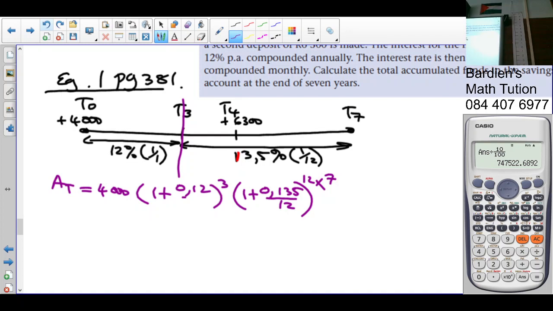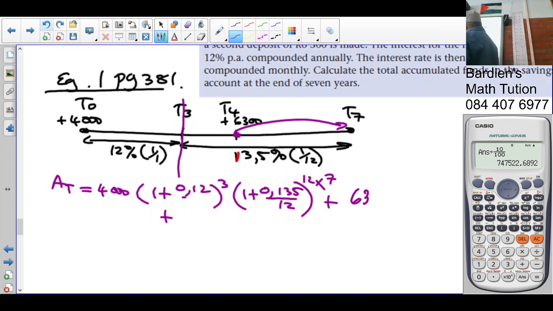So I've considered that for 7 years, plus. Now you see there's no other deposit or withdrawal up until there. So that is this, taking that to the end now. So it's going to be 6,300 into 1 plus 0,135 over 12 to the exponent 12 times.